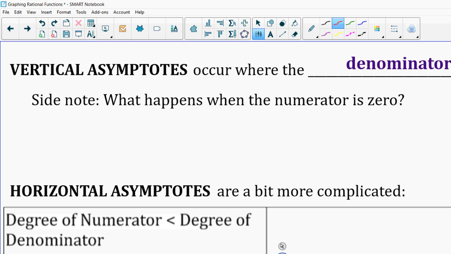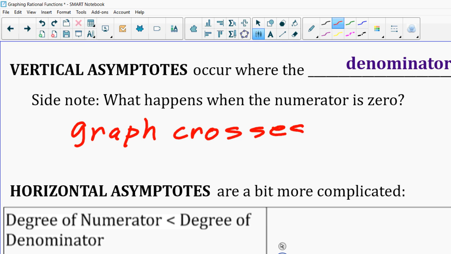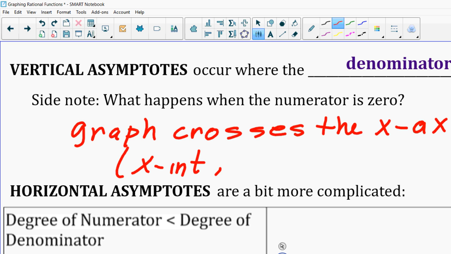When the numerator is 0, the graph crosses the x-axis. That's called an x-intercept, or it's called a 0. That's my weird z.